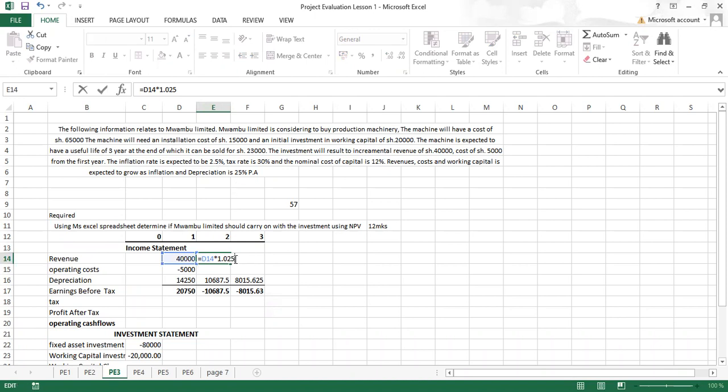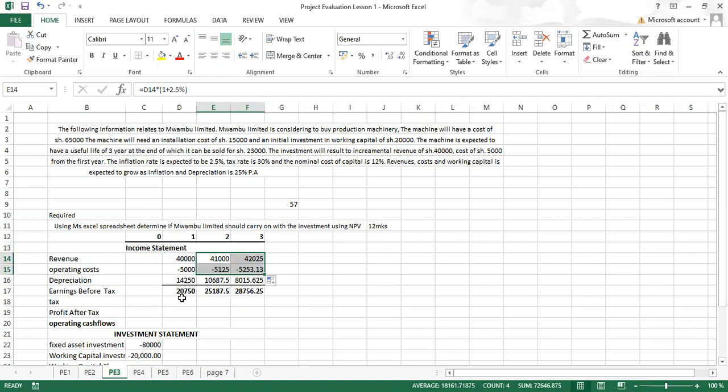And if you think you can mistake, you can write a bigger formula like that one, plus 1 shift plus, because it's increasing, plus 1.25 shift percent. You close the brackets, control enter, that, and you just do it alone. And it was the same thing for operating cost also. They were also increasing at 0.25%. So you just come here and you do this, and you also do this.